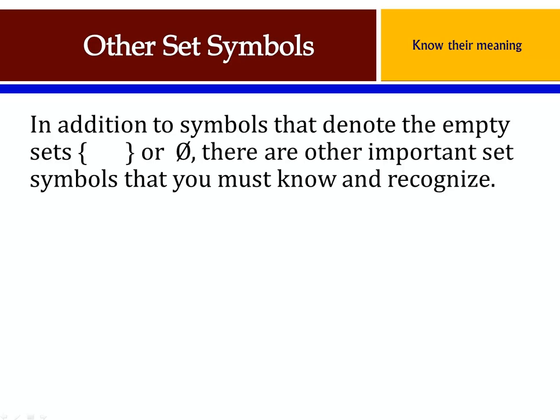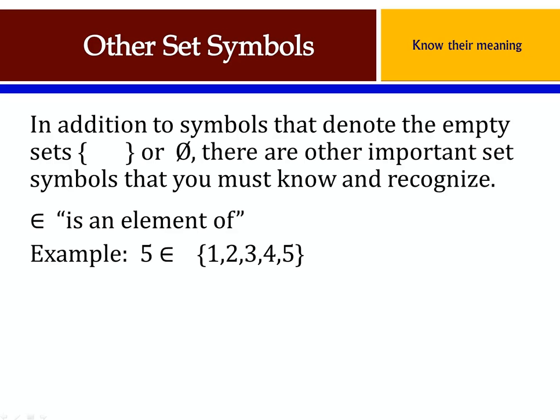So there are other set symbols for which you should know their meaning. In addition to the symbols that denote the empty set, that is the braces that are empty, or the null set 0 with a slash, there are other important set symbols you must know and recognize. This E symbol means is an element of. For example, 5 is an element of the set 1, 2, 3, 4, 5. Obviously, you can see that because 5 is one of the members or elements of that set.